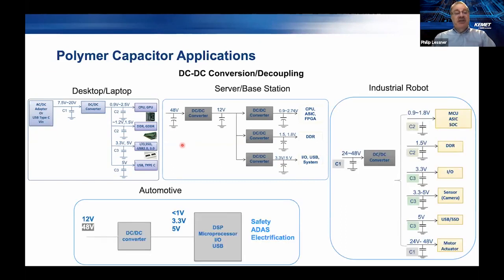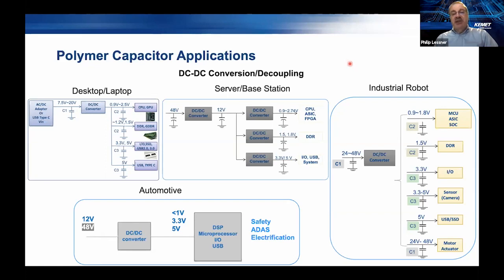And then more recently, polymer capacitors have found their way into power conversion in industrial and automotive applications. And there, the requirements for lifetime and for harsh environment stability are much greater, and also some of the voltages on the inputs are higher.